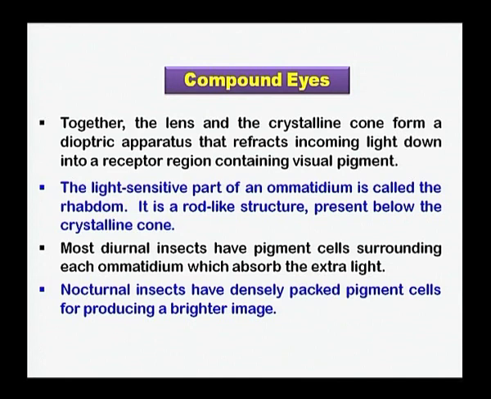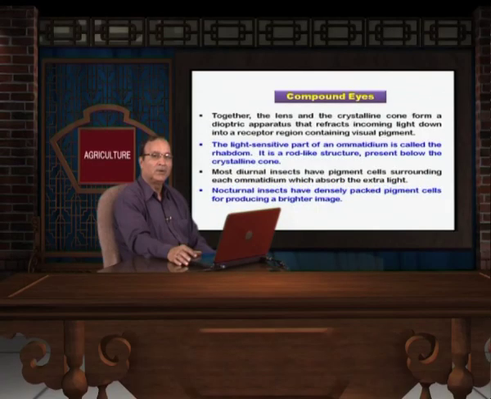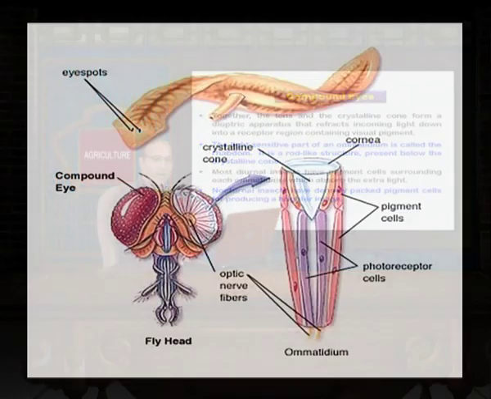However, there are pigment cells which are densely packed, hence the image which is formed in the compound eyes is brighter and clearer as compared to the ocelli or the simple eyes.